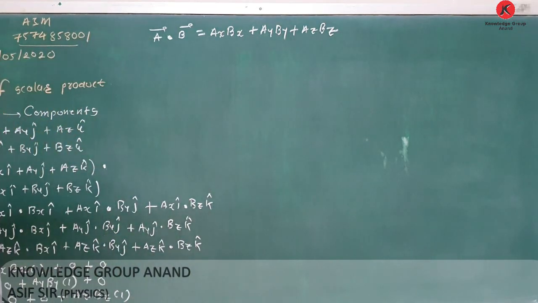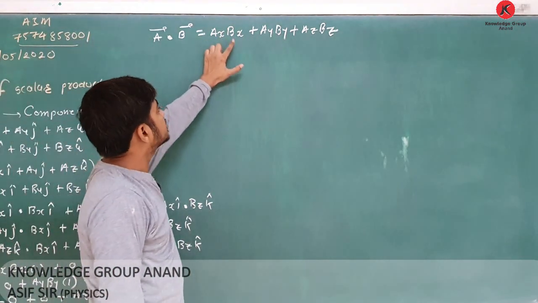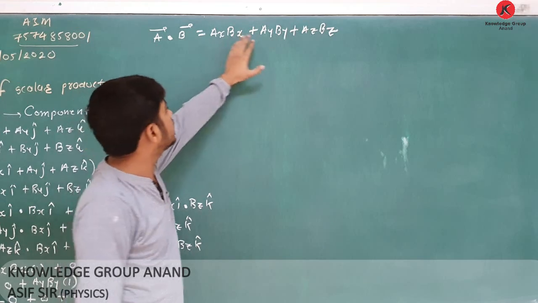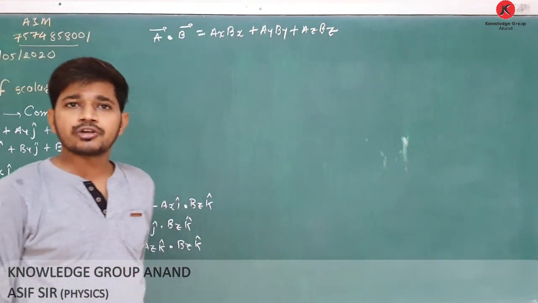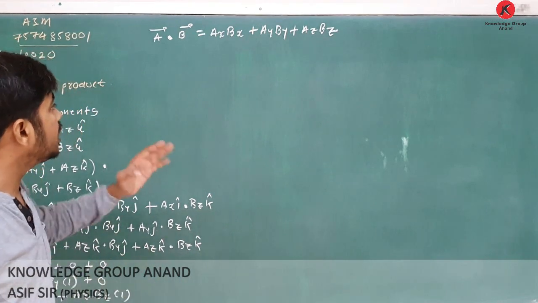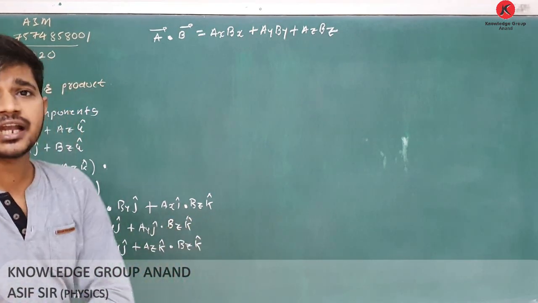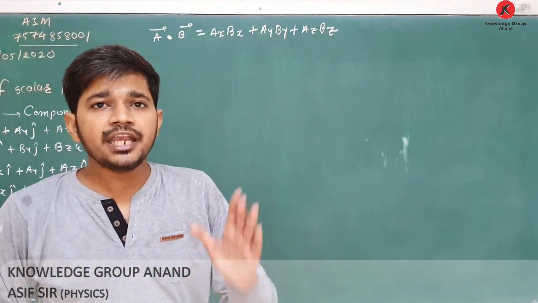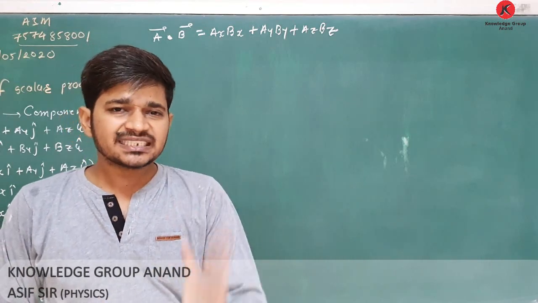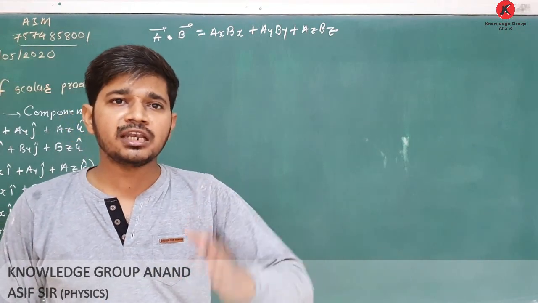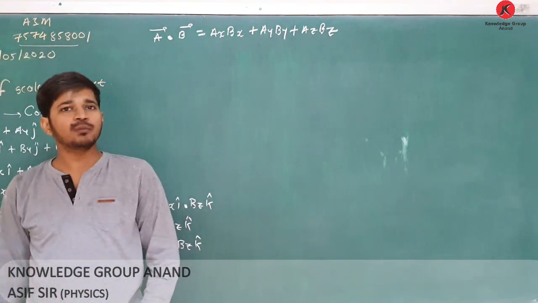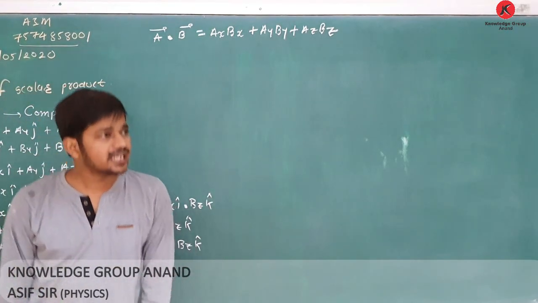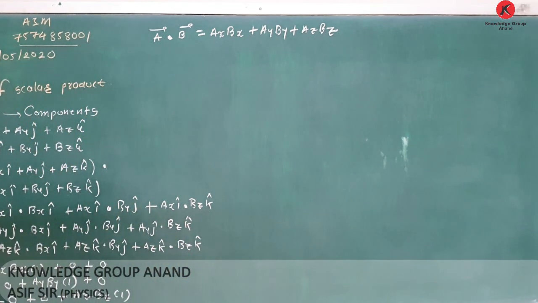Clear about this? It is only Ax Bx, products of magnitudes, Ay By, Az Bz. There is no i caret, no j caret, no k caret, meaning no direction. The dot product, the scalar product, gives only magnitude. So it is one important property of the scalar product.